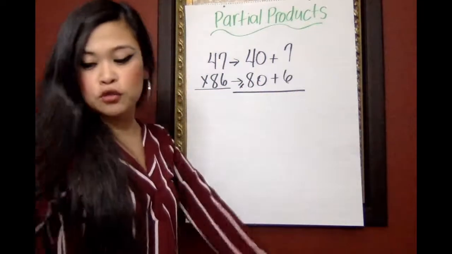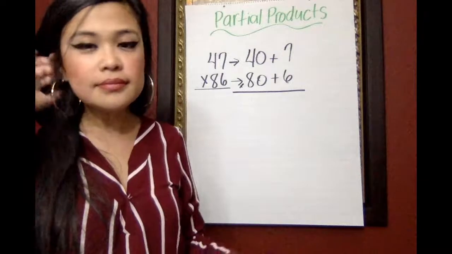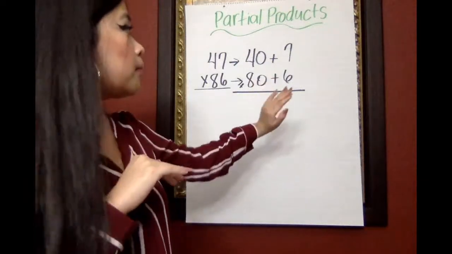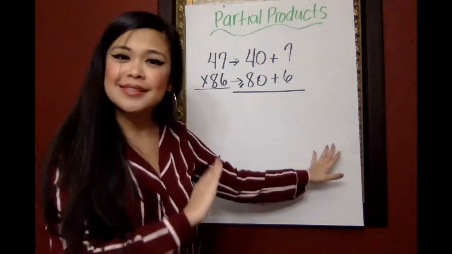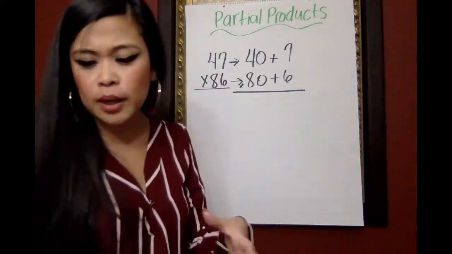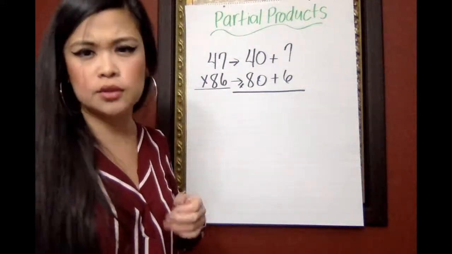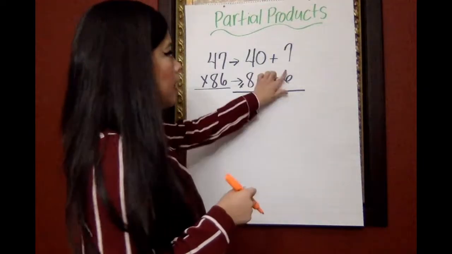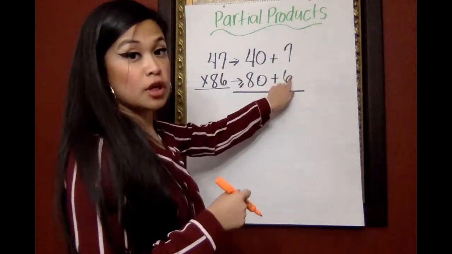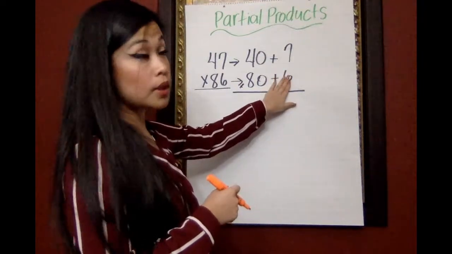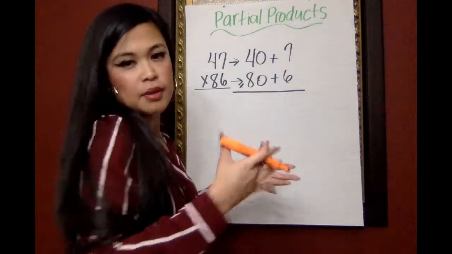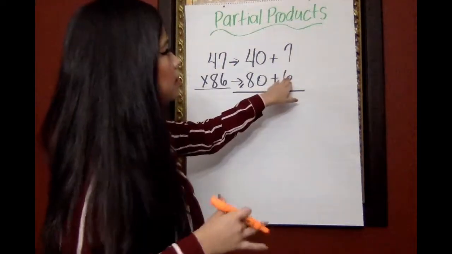Now, if we remember the story, our Halloween story about little Susie and little Johnny, our first step, and this ties into standard algorithm, that's why I want you to make sure you're paying attention to those steps, is to multiply up. So we first start in the ones, right? We always start in the ones, because remember, that's the foundation of all numbers, the ones.